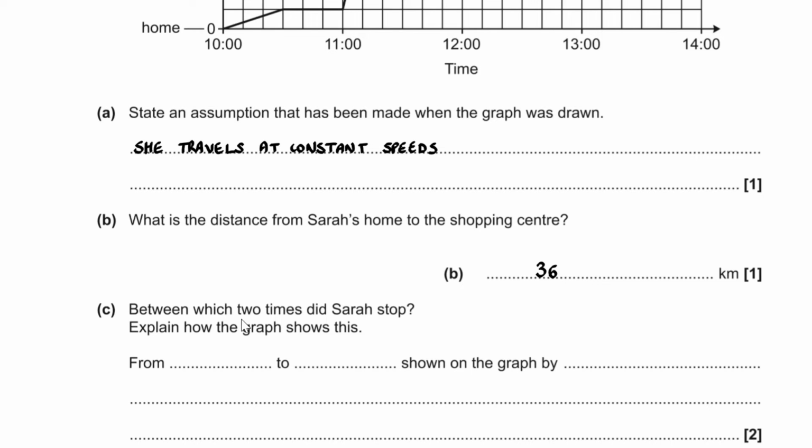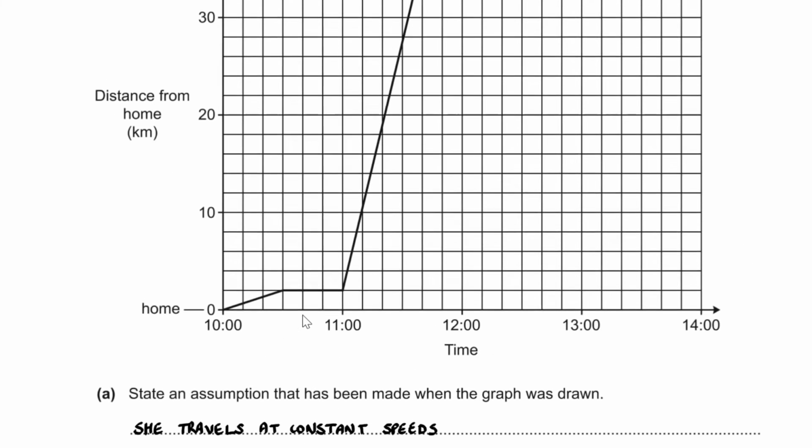And now for part C, between which 2 times did Sarah stop? Explain how the graph shows this. Well, we stop over here when the gradient here is 0. This implies we've got no speed.